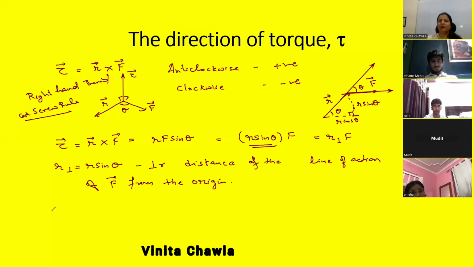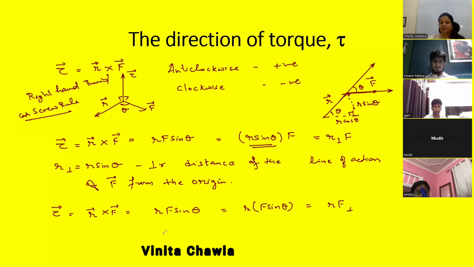और we can also write, देखो हम अगर ऐसे लिख सकते हैं तो दूसरी तरह क्यों नहीं लिख सकते? बिल्कुल लिख सकते हैं. We can write r cross f as rf sin theta, or we can write this as r into f sin theta. F sin theta is f perpendicular component of force. ठीक है? So what is this f perpendicular?